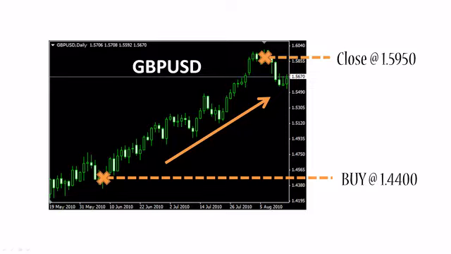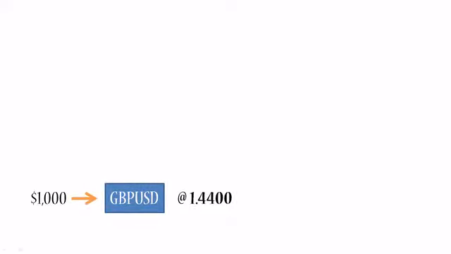Let's understand how exactly that happened. Let's look at the mechanics behind it. So let's assume that the bullish trader had $1,000 to invest, which he put into the British pound at a quoted price of 1.4400. Now, as we did previously, let's simplify this example by replacing the British pound with apples, because apples are also tangible.